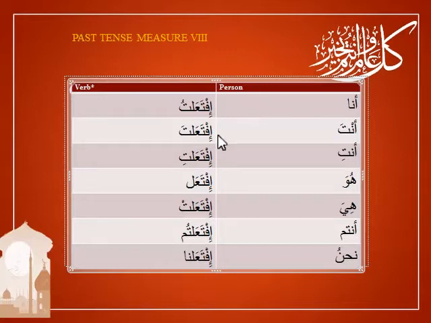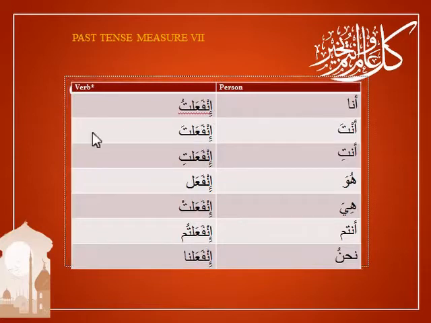So the same rhythm as we had here, like in 7, right? It was infa'altu, ifta'altu, ifta'alta, ifta'alti, ifta'ala, ifta'alat, ifta'altum, ifta'alna.